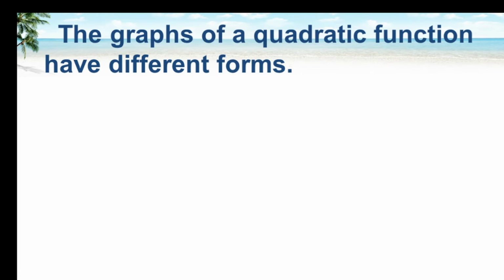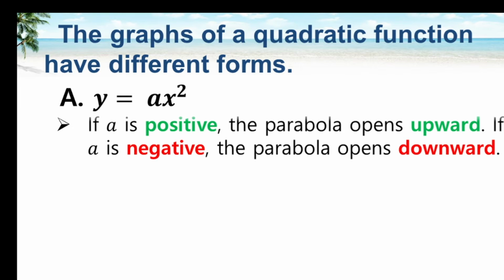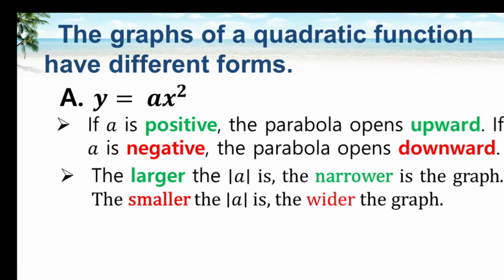The graphs of a quadratic function have different forms. The first form is y = ax². If a is positive, the parabola opens upward. If a is negative, the parabola opens downward. The larger the absolute value of a is, the narrower is the graph.